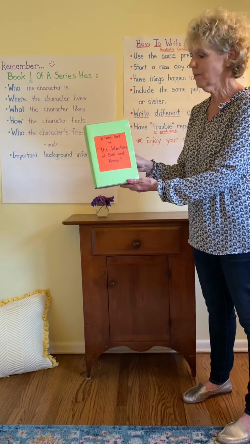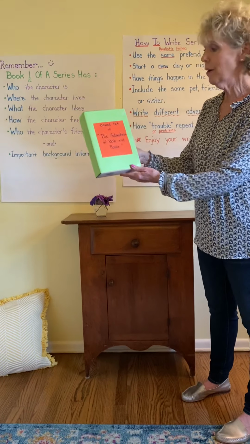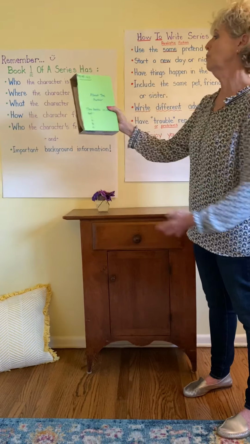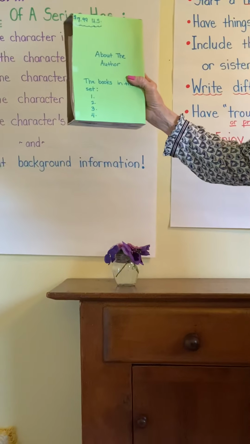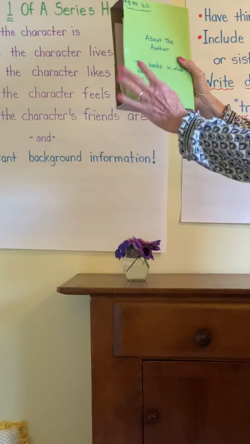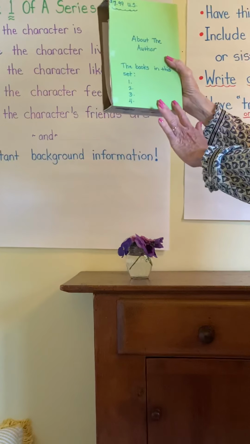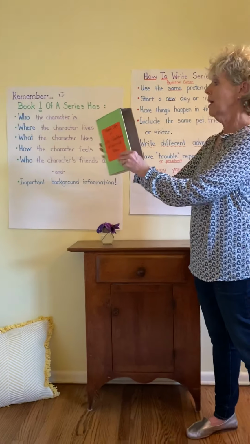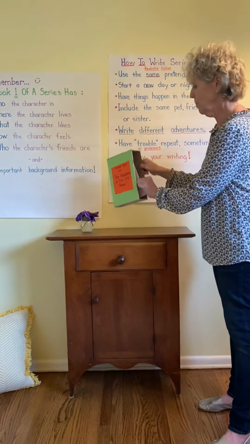I covered it with construction paper. I've got the title on the front. On the back, I've got the price, $7.99 US. About the author, write about yourself. And I put the titles of the books that are in my series. Inside this is just a little sample.